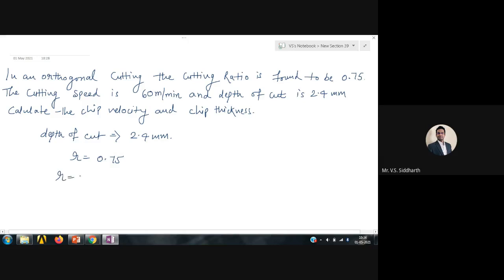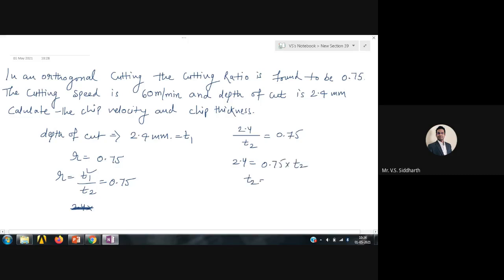So r equals t1 upon t2 equals 0.75. I wanted to calculate chip thickness. T1 is given, so depth of cut is t1. So 2.4 upon t2 equals 0.75. So 2.4 equals 0.75 into t2.